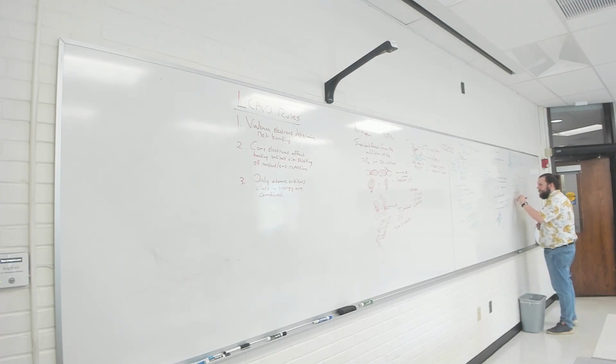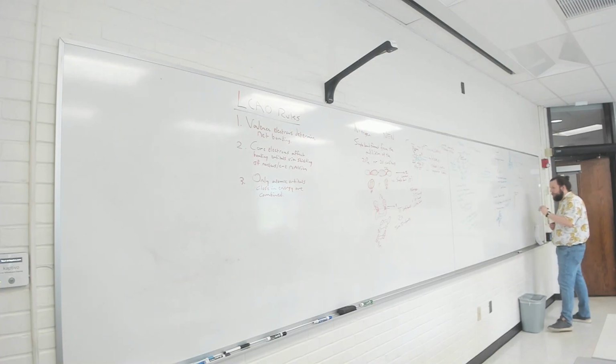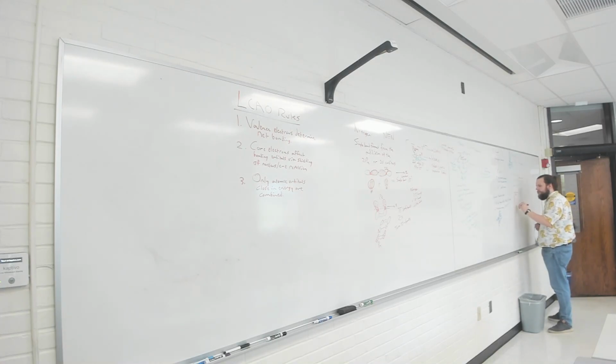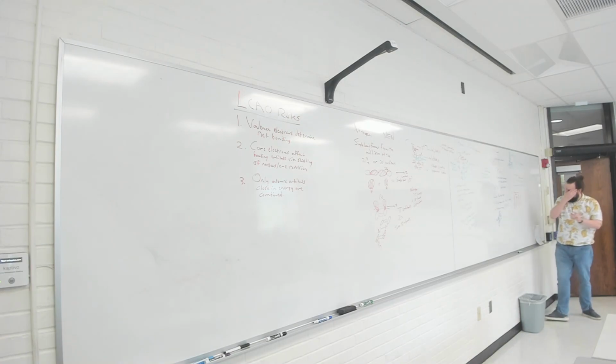I'll draw the orbitals on top of it. So there's our 2s orbital, and then we have 3 2p's. Let me draw this right. Yeah, like this. So here's our original atomic orbital basis. This is just regular carbon.